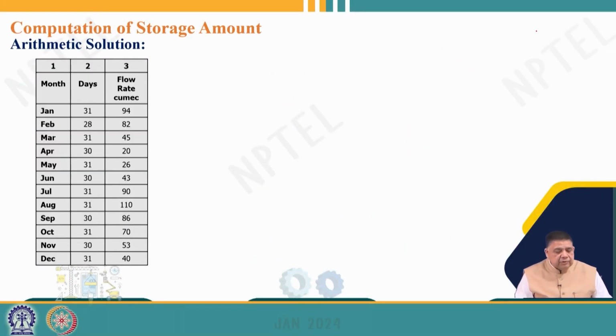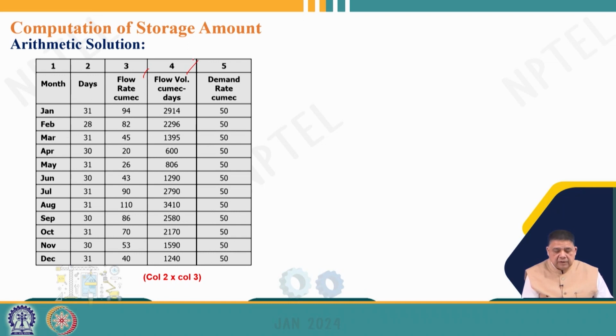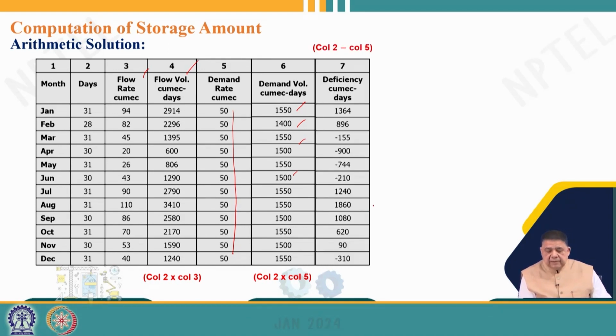Arithmetically, a similar procedure is followed, the flow rate is given. So, we will calculate flow volume for different months, and the demand rate is constant, 50. So, we will also calculate the demand volumes. Flow volumes and demand volumes we have calculated, and then we will calculate the deficiency in cubic days.